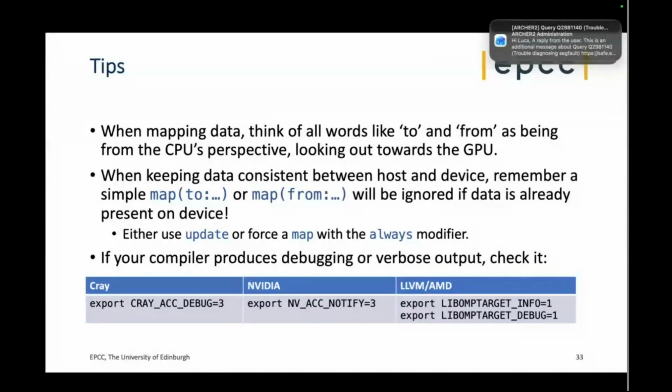Okay. Will the course cover using OpenMP for GPU offload within MPI parallelized code? Unfortunately, no. So this is a single node course. I don't think we have any course where we actually cover using MPI.